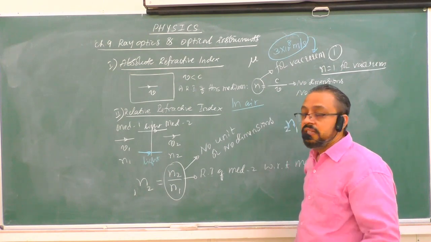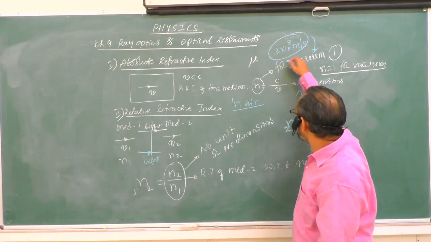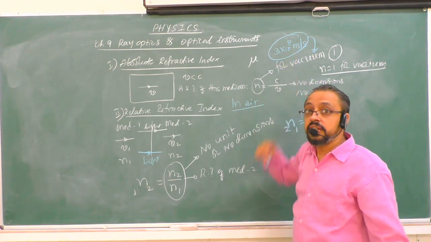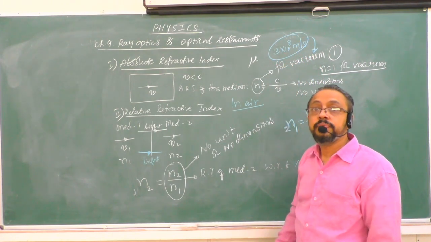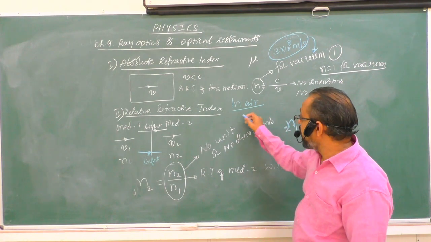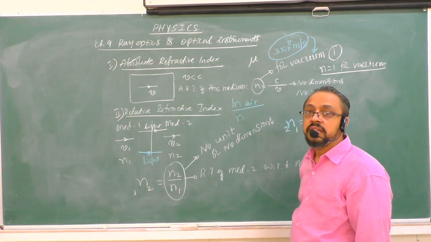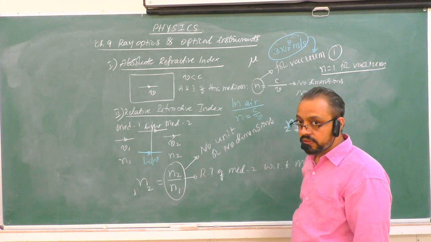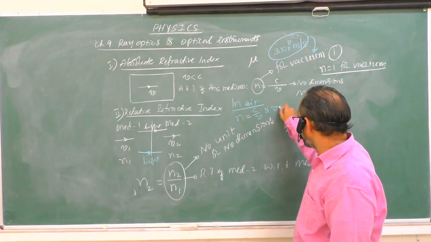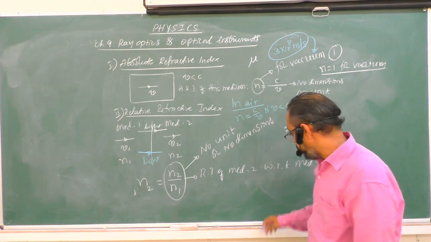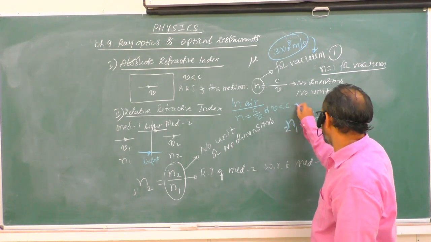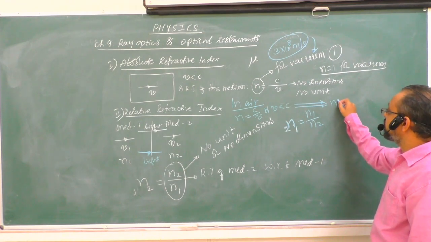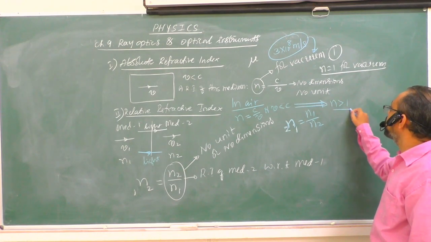But in air, the speed is just less than this. It's not 3 into 10 power 8 in air. So for air, n is equal to C divided by V, and V is less than C. For this, I should take care. So n is just over 1.